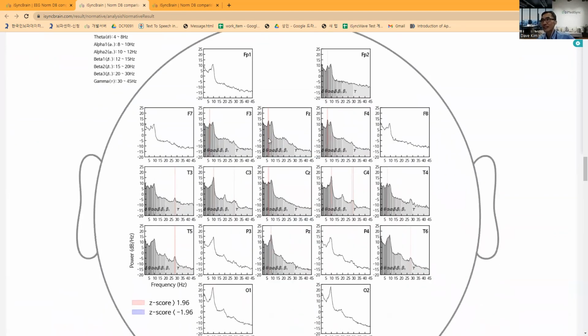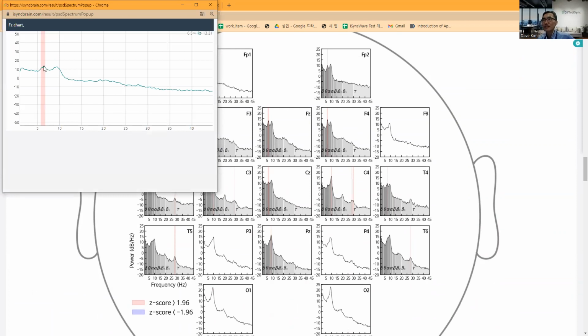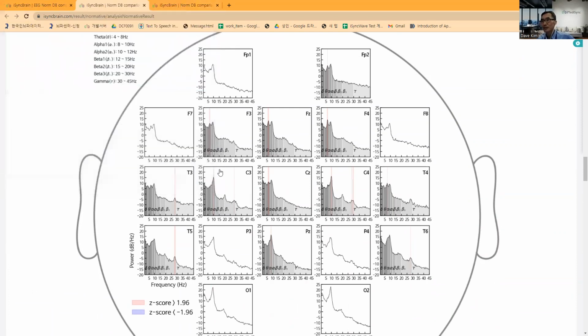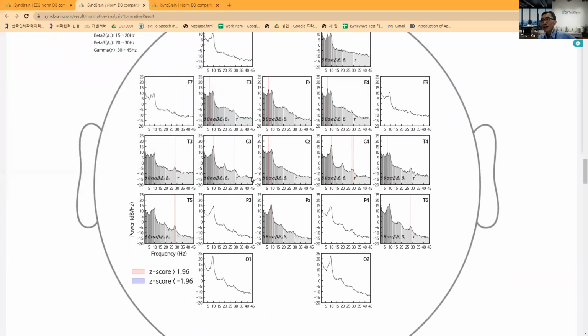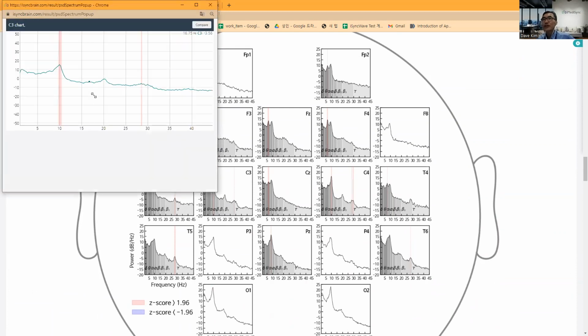The red line is the excessive frequency area. In this case, 6.5 hertz is excessive in the frontal area, for example. And the excessive theta is the main problem in this case, and there is a central mu activity.